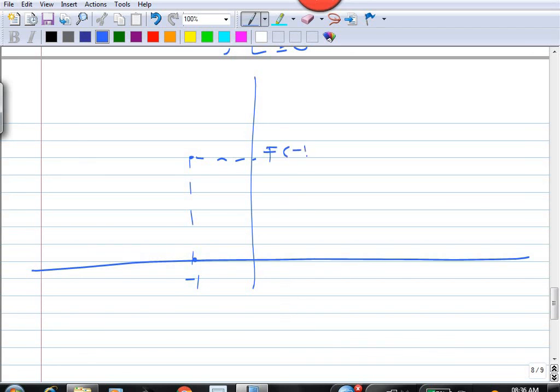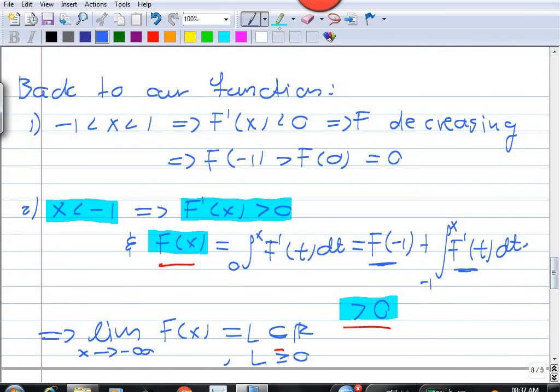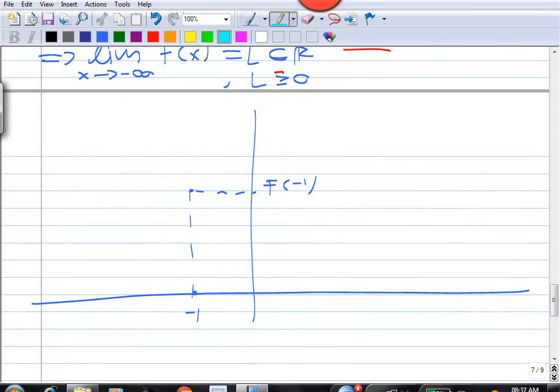So, let's draw a graph of our function. Well, not necessarily of our function itself, but any function that satisfies these conditions here, right? So f of minus 1 bigger than 0, for x less than minus 1, f is bigger than 0, and the derivative of f also bigger than 0. Right. So we start up here, right? Now, for x less than minus 1, the derivative is positive.